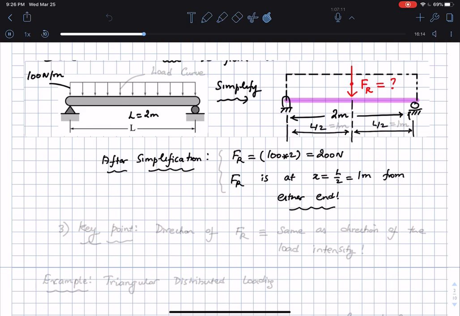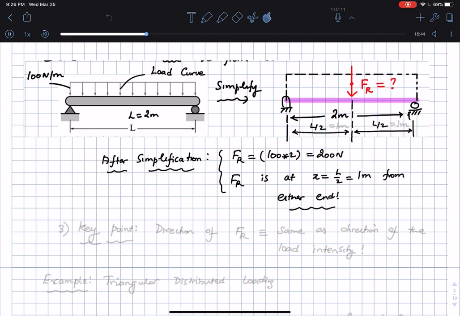Alright, so in summary, if you have a rectangular load, then the resultant force is nothing but the area under the load distribution curve, or the load curve, and this is the load curve as we have written it before. FR is essentially equal to 200 newtons, which is the height 100 times the length, which is 2.